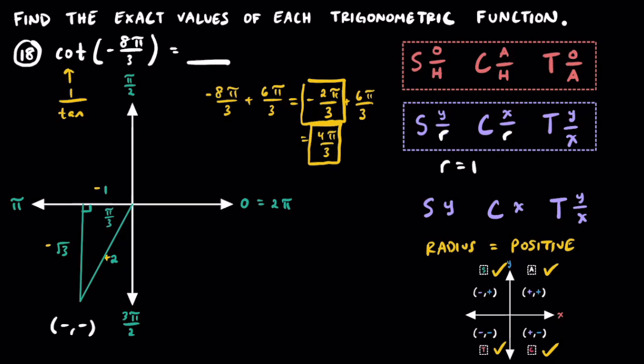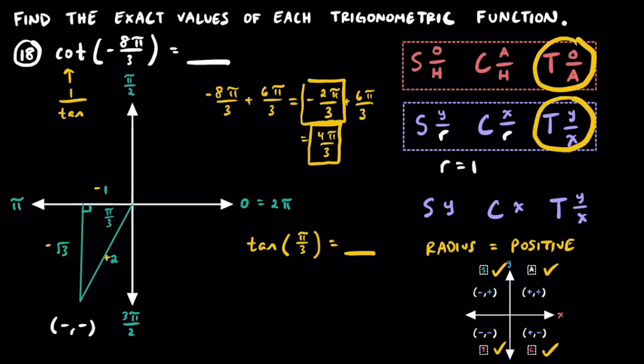We're dealing with tangent, right? So if we find out what tangent is, then we can find out what cotangent is. So tangent of pi over 3 in this quadrant actually is going to be, well, with the signs, it's not completely perfect, but I know I'm talking about just the reference. And so tangent is O over A, or y over x. Here's the y, here's the x.